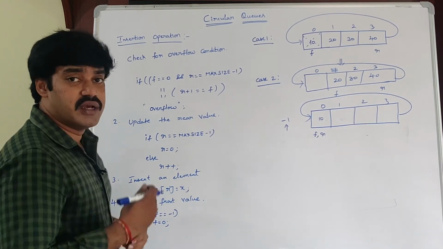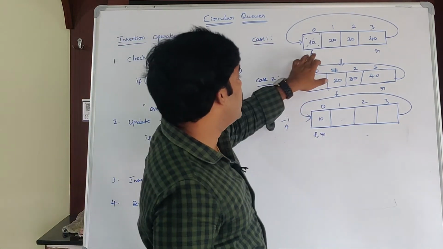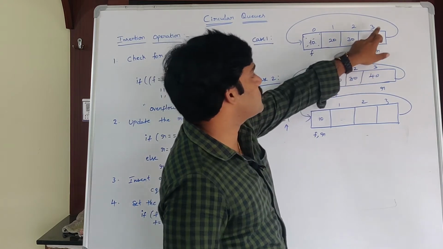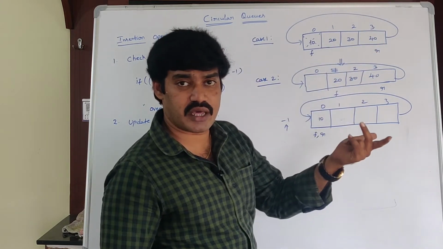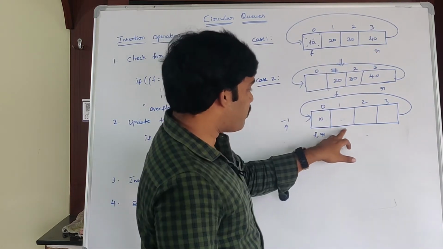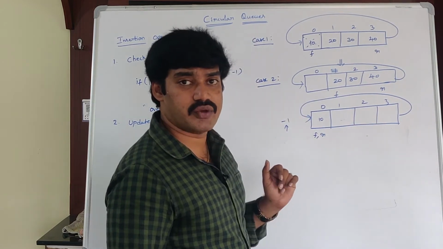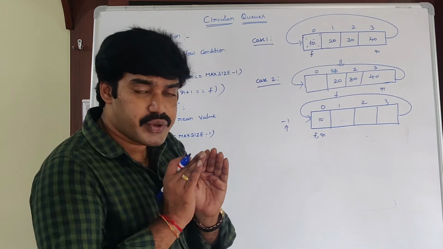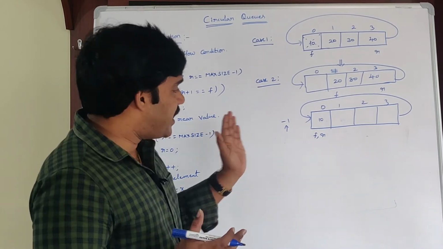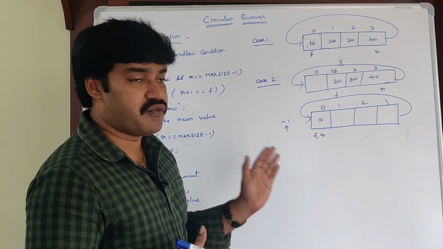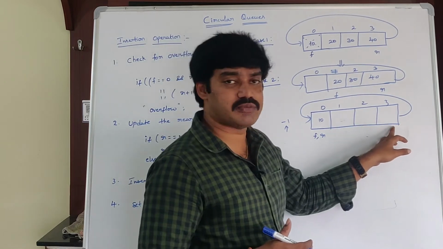What is the first one? Check for overflow condition. If F is 0 and rear reaches max size minus 1, that indicates our circular queue is full. Or rear plus 1 is equal to F, that also indicates circular queue is full. If circular queue is not full, then update the rear pointer. First check whether the rear reaches max size minus 1 or not.